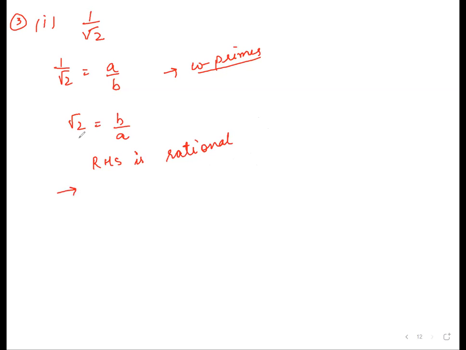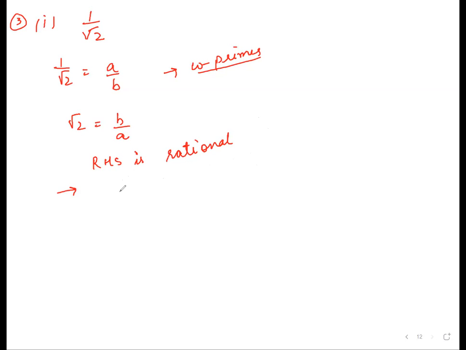In fact, it is a theorem that under root 2 is irrational. So this contradicts the fact that under root 2 is irrational, and therefore we conclude that 1 upon root 2 is irrational. All right. And similarly, you can just give it a try to other parts also.